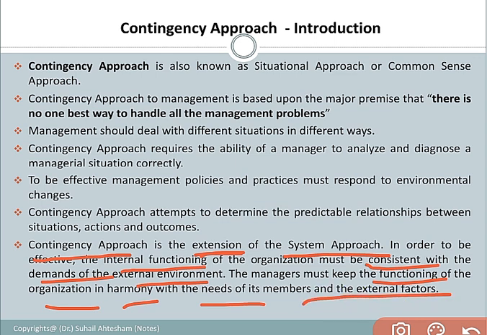So it is the duty of the manager to maintain harmony among the employees internally, as well as harmony between the interrelated factors, which internally are the factors of production, and externally the external environment, the link between the internal and external environment.